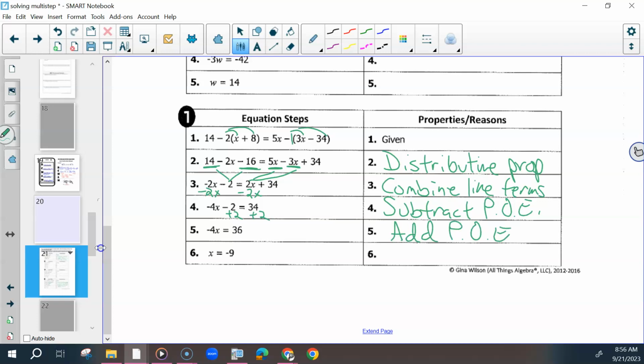And last, step 5 to 6. Do we have any questions on example 7 before we continue?